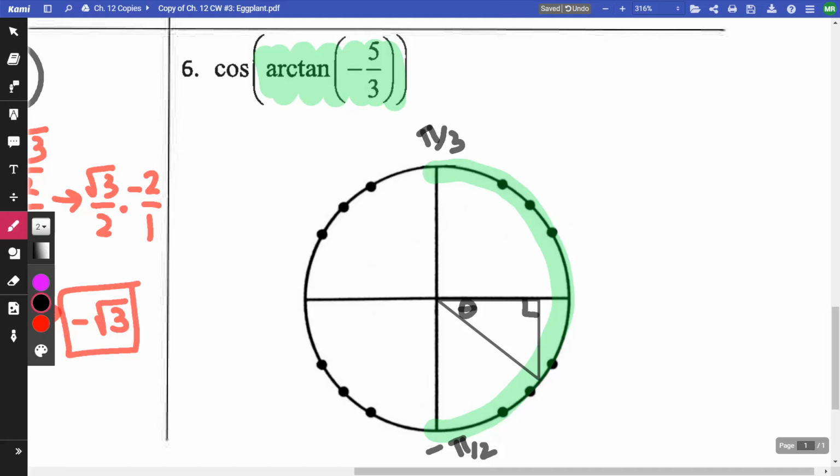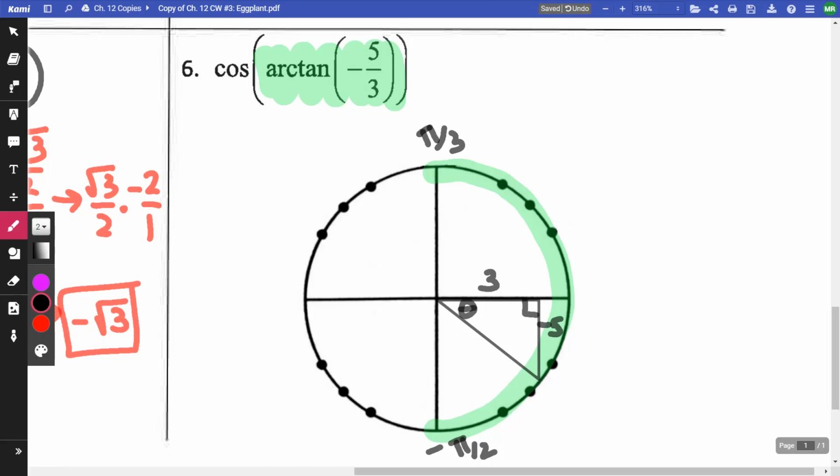Now, if this is my angle, and I'm trying to find arctan of negative 5/3, that means my opposite is negative 5, because this is a negative direction. So negative 5. And my adjacent is going to be 3.